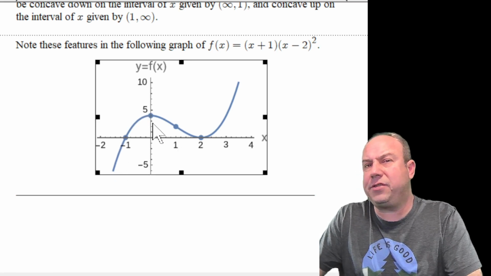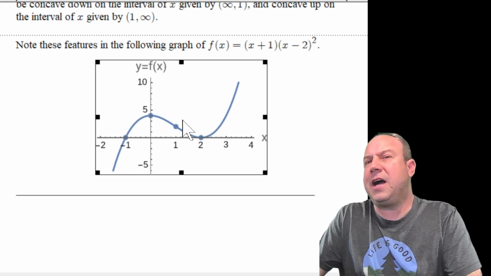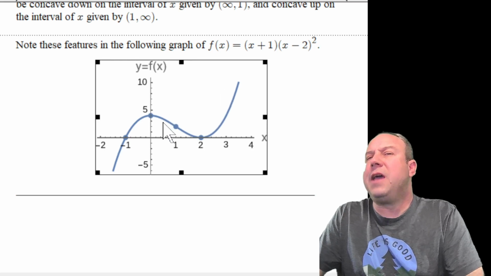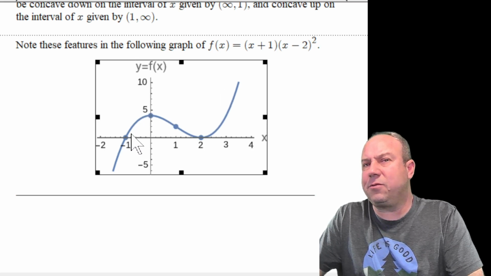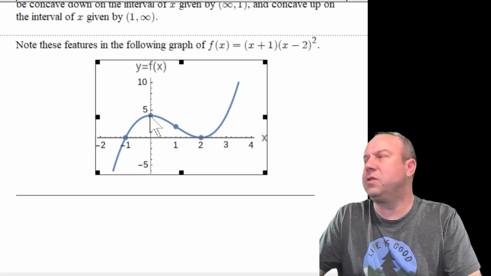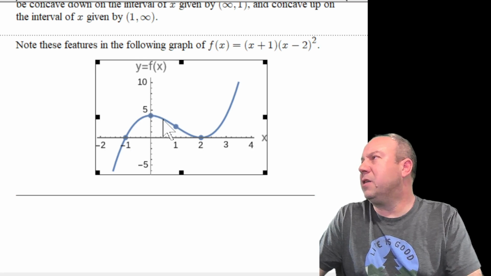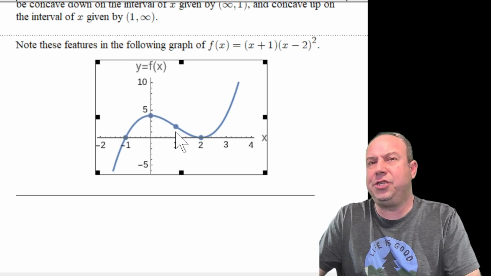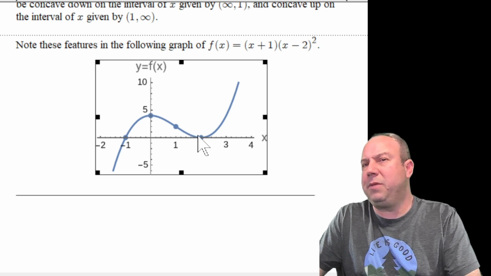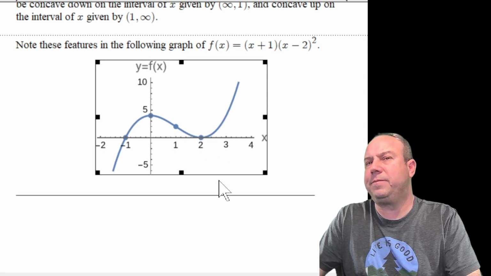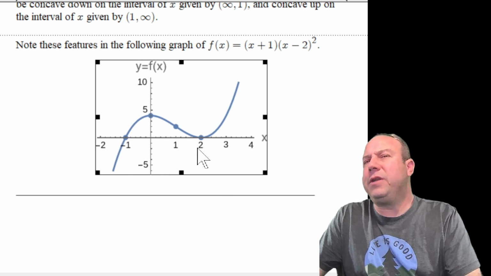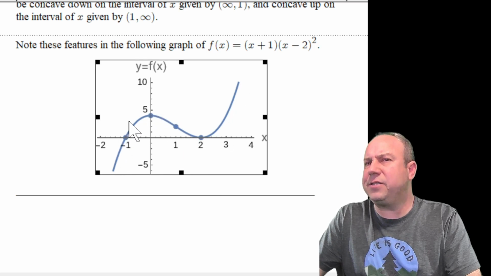This is where the graph changes from concave down to the left of that inflection to concave up to the right. And we can see that's where this second derivative test was able to tell us that this was a local maximum here because we were concave down on that region. And this was a local min because we were concave up. Right? We now have a rather precise graph of this polynomial function.